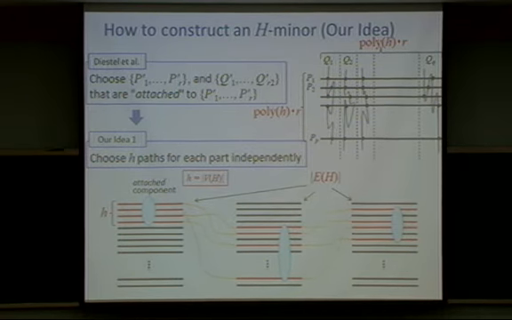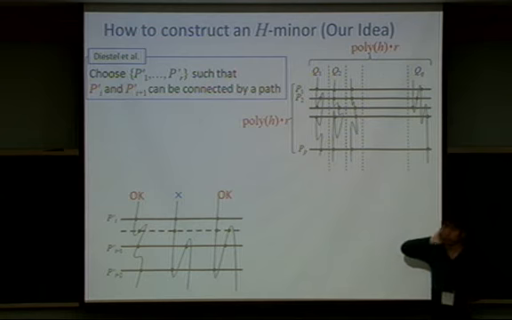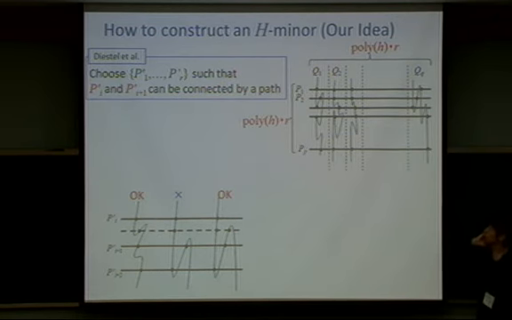So let me explain what the attached component is. In the original proof, they use vertical paths to connect two adjacent horizontal paths, Pi and Pi plus 1. But in our proof, we need to find an H minor, not a grid minor.